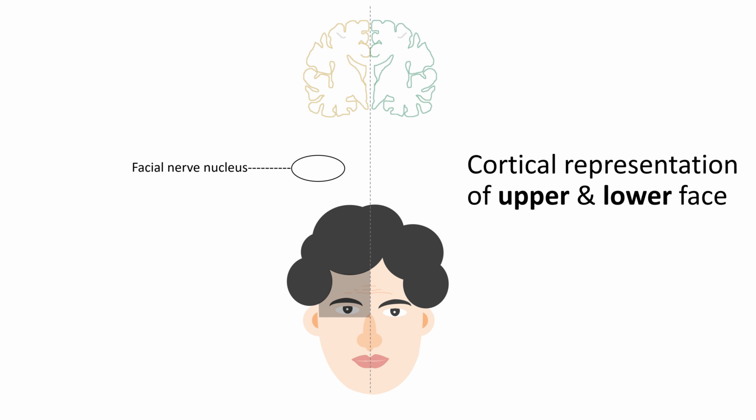Facial muscles of upper face are under control of both right as well as left cerebral hemispheres. But the lower facial muscles are controlled by the opposite, that is, the left hemisphere only.